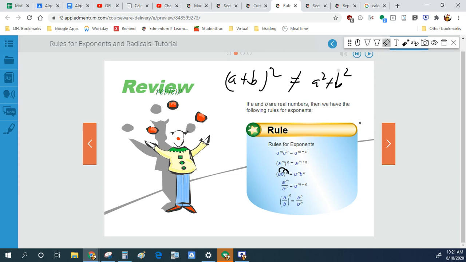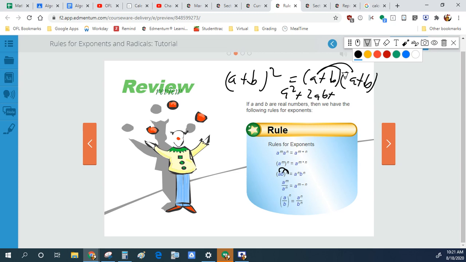The reason being, we'll go over it a lot more in this class, is that this is supposed to be a plus b times a plus b, which when we use the distributive property is going to change it up. We're going to end up with a squared plus 2ab plus b squared. We'll talk about how I got this later; right now, I just have this memorized. So just keep in mind that this only works when you're multiplying. It doesn't work when you have addition in the middle.